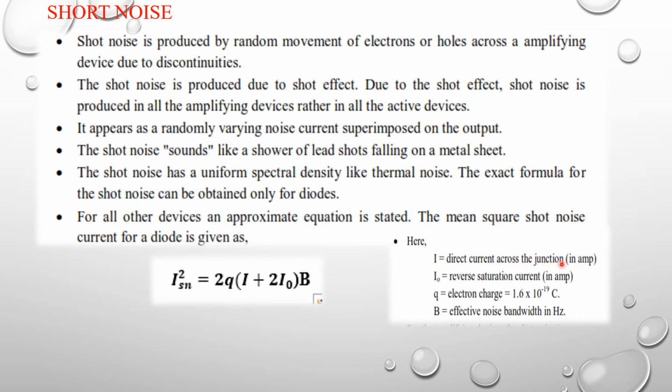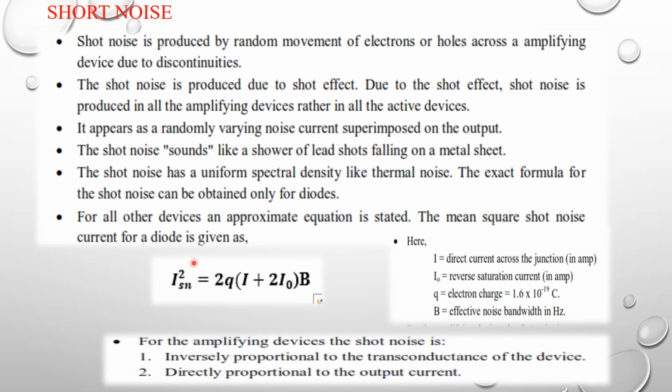The junction is the diode junction. Q is the electron charge, equal to 1.6 into 10 to the power minus 19 coulomb, and B is equal to the effective noise bandwidth in hertz. And this is the formula for shot noise.